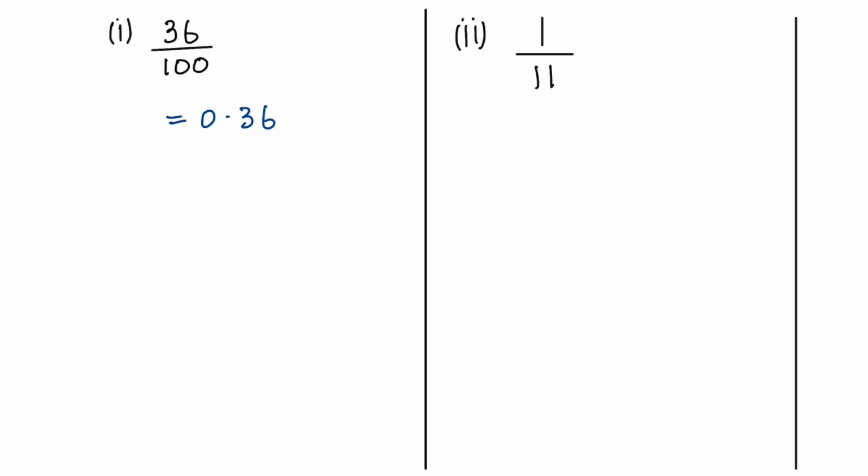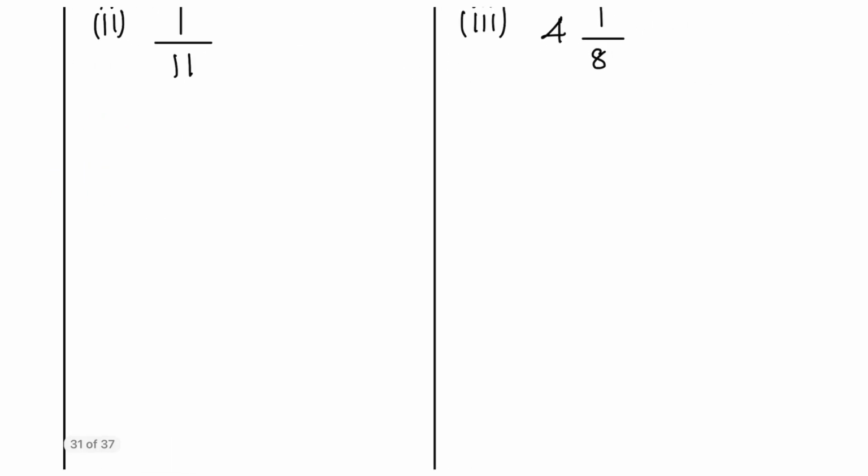Okay, as simple as that. And since it has only 2 digits and there are no more digits, it is terminating. So the first example, 36 by 100, is 0.36, which is a terminating decimal expansion, right? That is it.